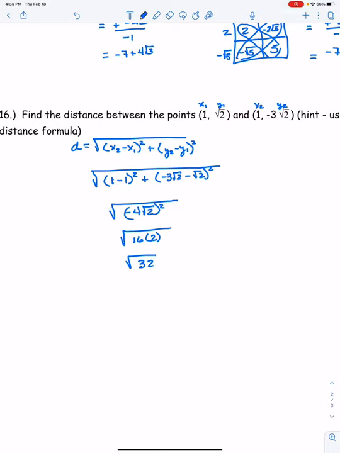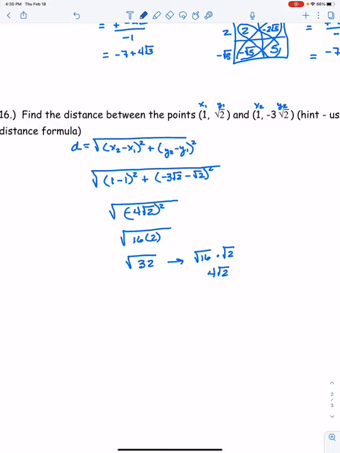And if you remember our rules, we need to simplify this. You can either simplify it by finding the perfect square, or you can do the prime factorization, and I'll do it both ways with you. We know that the perfect square in 32 is the square root of 16 times the square root of 2. The square root of 16 is 4, the square root of 2.